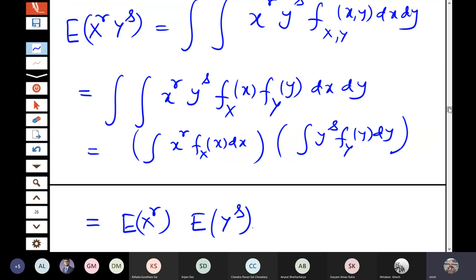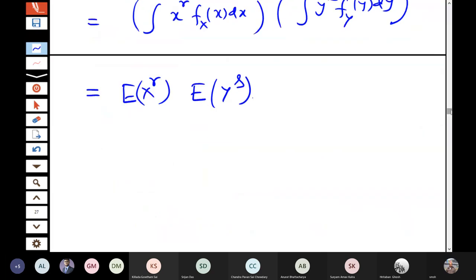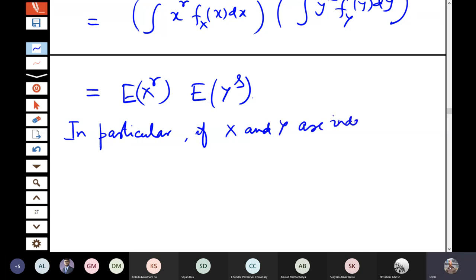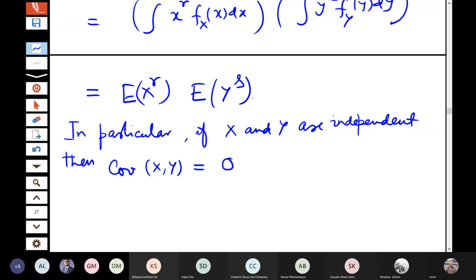So in particular, if x and y are independent, then the covariance between x and y will become 0, because it is the expectation of xy minus the expectation of x into the expectation of y.